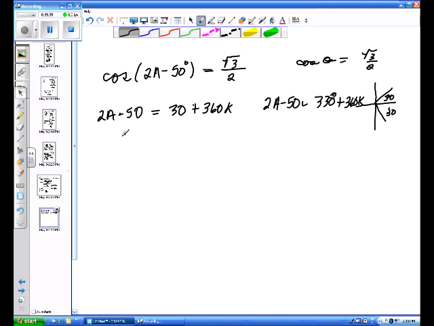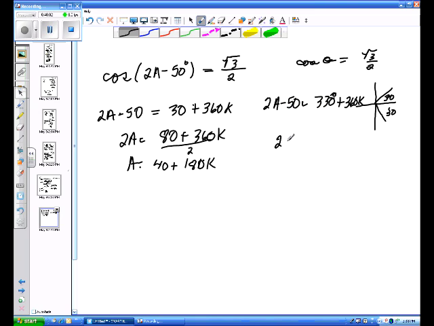So we would add 50, and then divide by 2. Now when we divide by 2, we distribute that, so it's going to be 40 plus 180k.